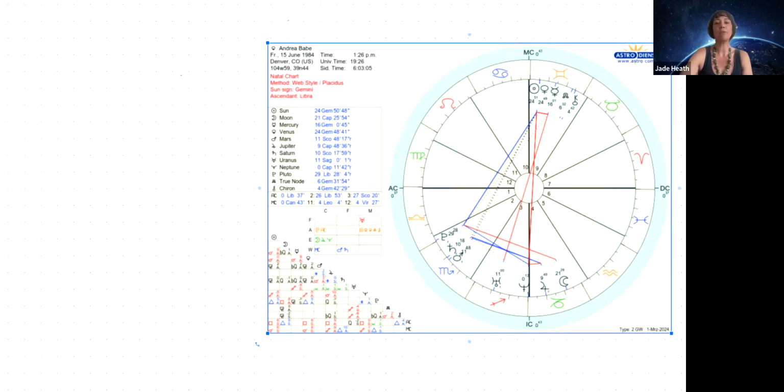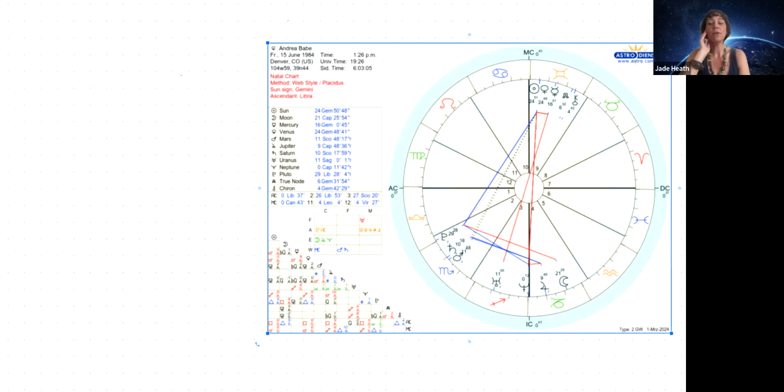So if we move down from the box on the left-hand side to the middle box, you can see the letters C, F, and M at the top, which stands for cardinal, fixed, and mutable. And then you can see F, A, E, and W on the Y side of that graph, and that stands for fire, air, earth, and water.